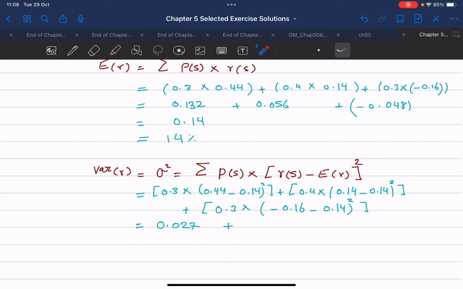I open a bracket, minus 0.16 minus 0.14, close my bracket, to the power of 2. That's also going to give me 0.09 multiplied by 0.3, again 0.027.